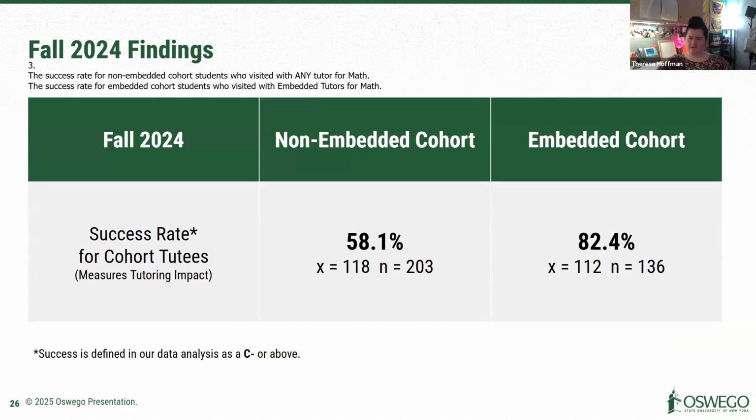Casey's in here, so I'll throw it over to you for this one, I think. Yeah, Michelle, that was actually something I found interesting, the number of A's in the embedded cohort. It actually made me a little nervous because when I wanted to run a hypothesis test on this, the data is not normally distributed. There's a lot of A's.